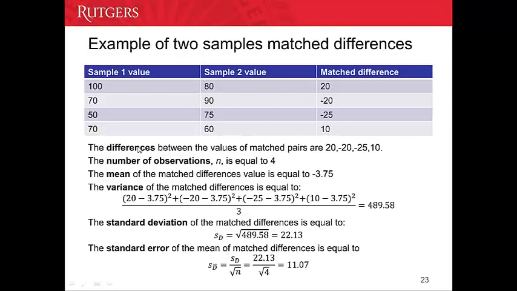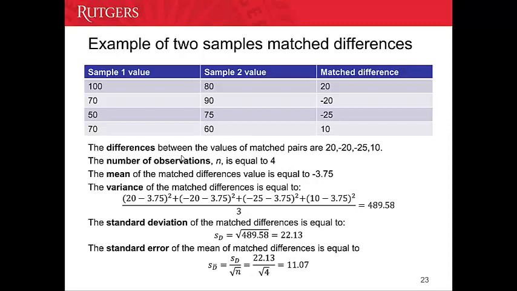So finally, the differences between the values of the matched pairs are 20, negative 20, negative 25, and 10. The number of observations is 4, which means the degrees of freedom for the t-distribution is 3.